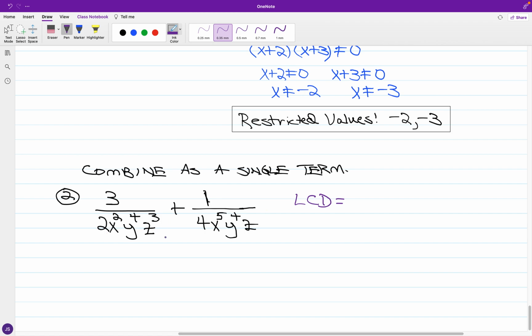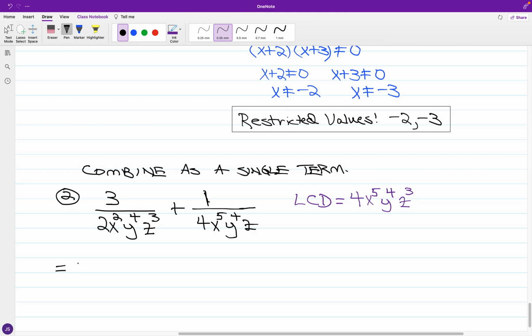With the numbers 2 and 4, the smallest number that both 2 and 4 will go into is 4. For x, we look at the higher degree, which is x to the 5th. For y, we have y to the 4th present in the denominator of both terms. For z, the higher order is z cubed. So the least common denominator is 4x to the 5th, y to the 4th, z cubed.